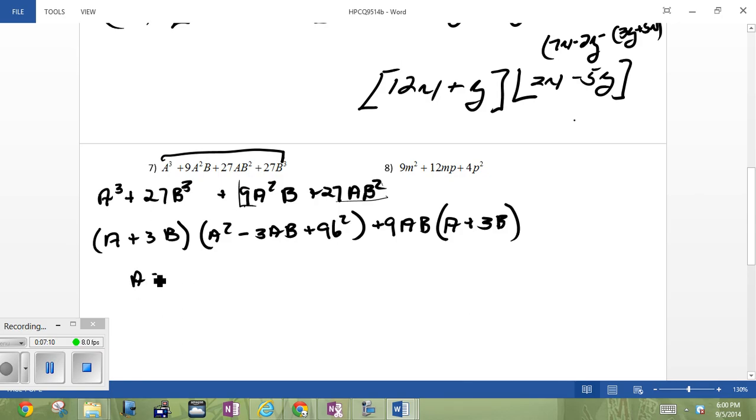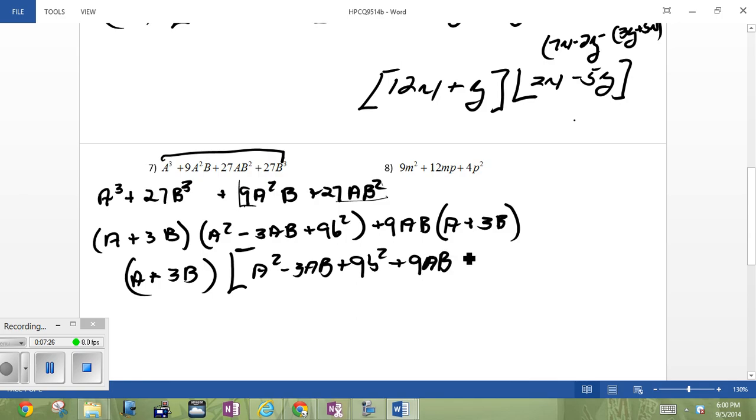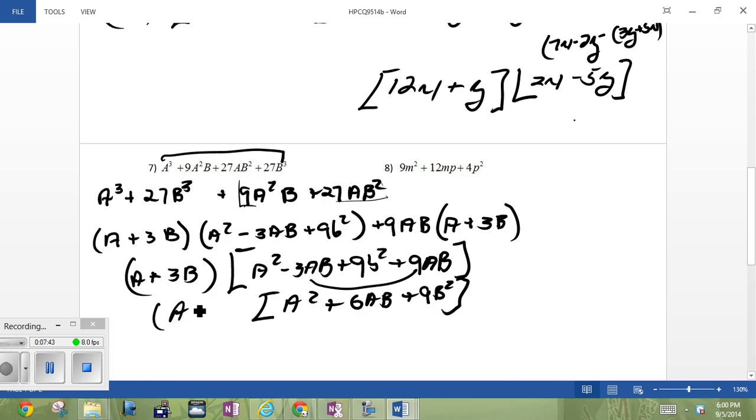A plus 3b common to a squared minus 3ab plus 9b squared plus 9ab. I've got some terms to tie together here. A squared plus 6ab, that's what's going to happen when they come together, plus 9b squared. I've got this a plus 3b coming down.